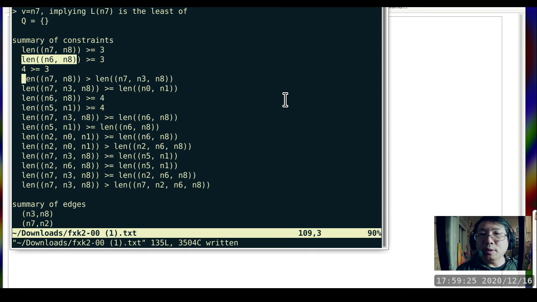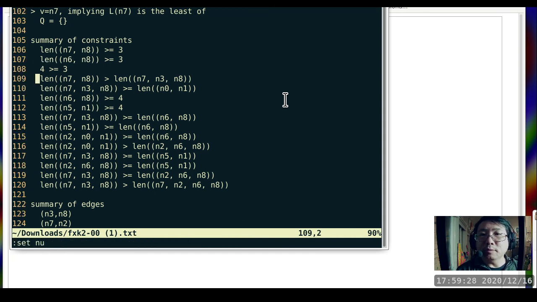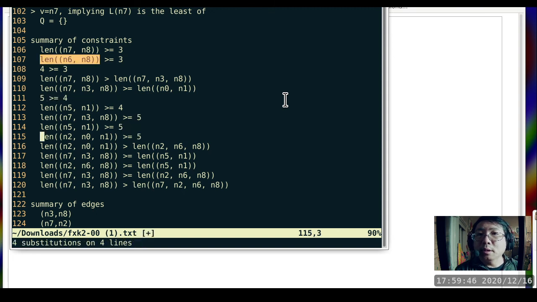Now, since this is vi, I can do this. So I can say line 109 to line 120, replace the length of n6 to n8 with 5 as a constant. And there we go. Okay, I think we missed some of them because this one is not removed.